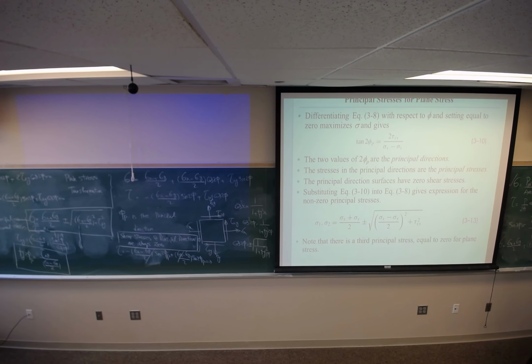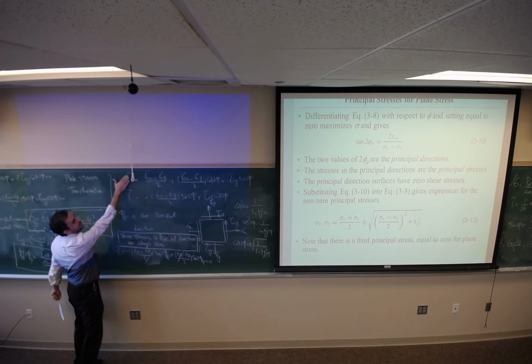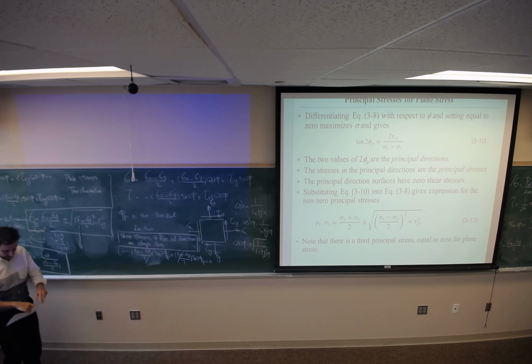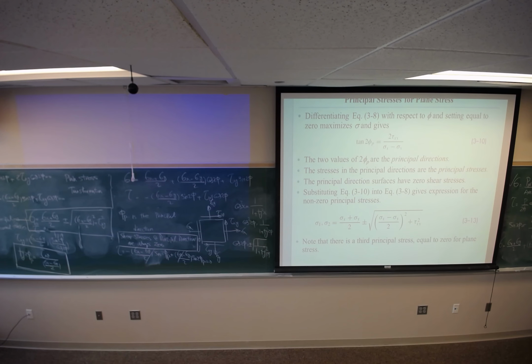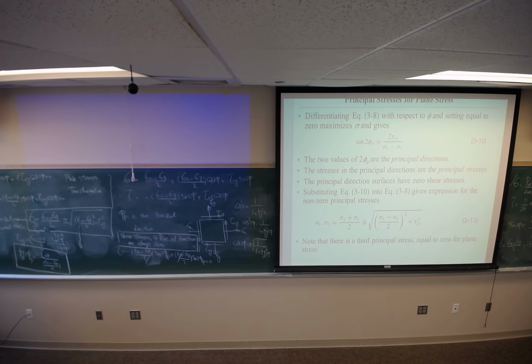What are the principal directions? They are the angles in which we will get the extreme value for the sigma, which can be shown here. So, plane stress transformation and more, they have many details. So make sure that you are following the steps, and if you are confused, just ask me before I go forward.